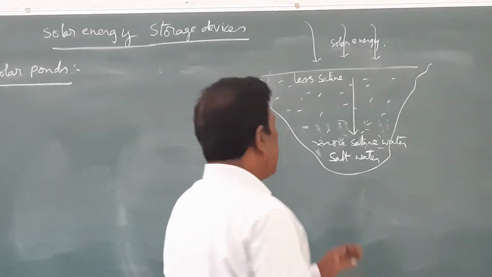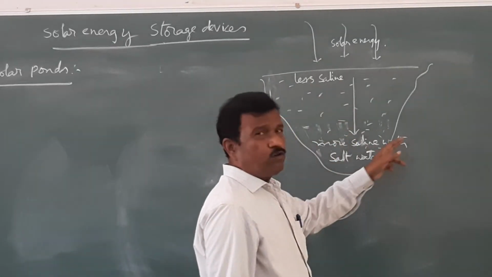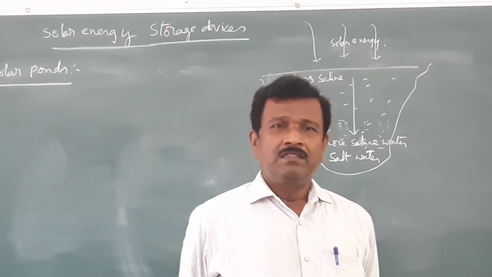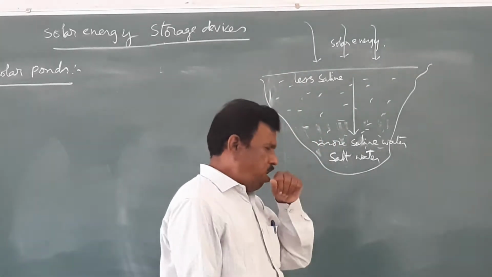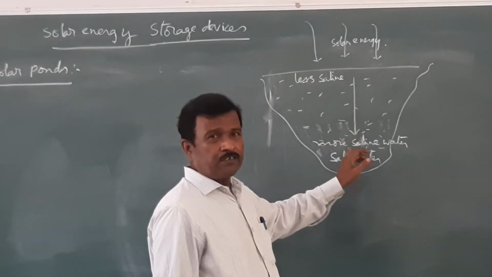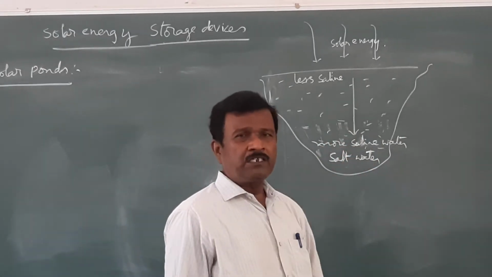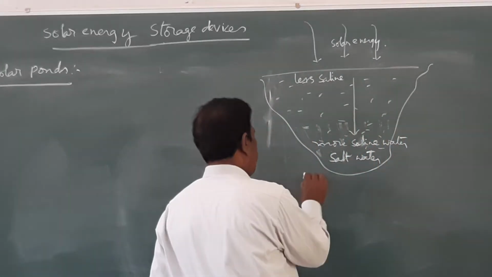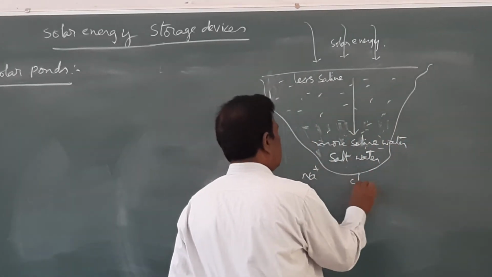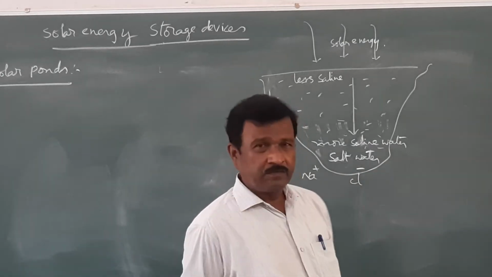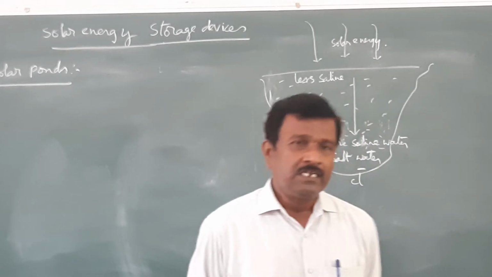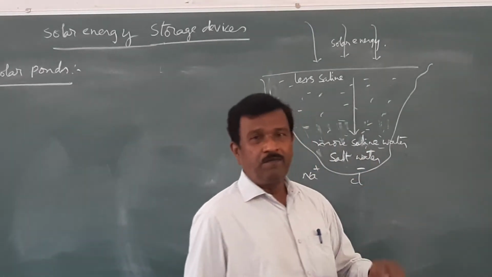Due to the solar energy, the molecules will be moving with high velocities that causes dissociation of ions. Therefore, sodium ions will be separated from chloride ions. Na+ and Cl- separation takes place. As a result, the electrical energy is stored in the saline water.